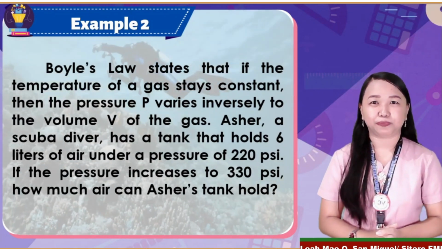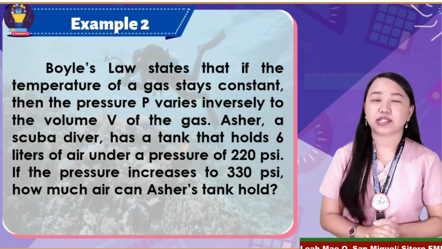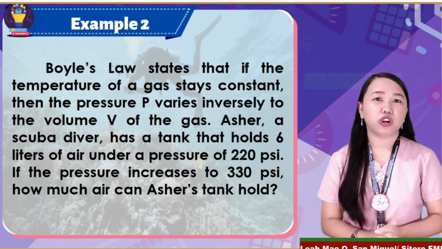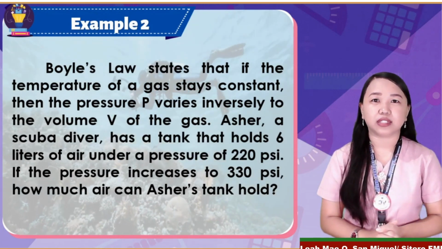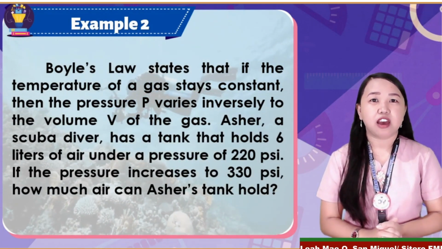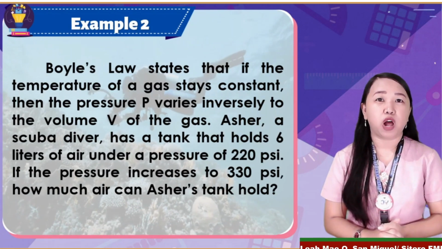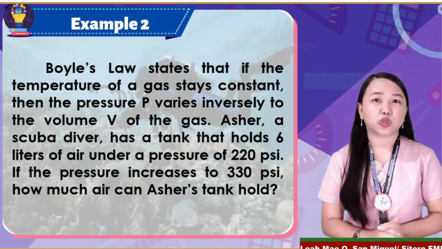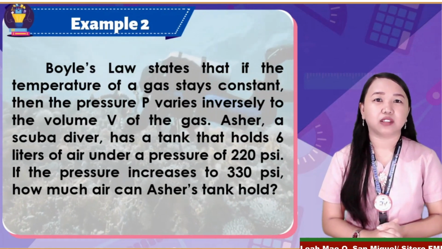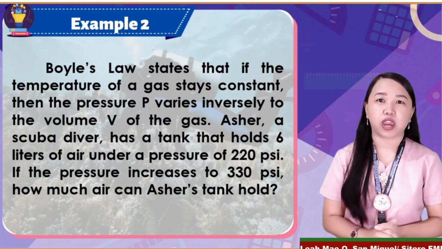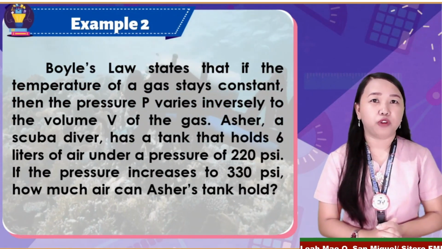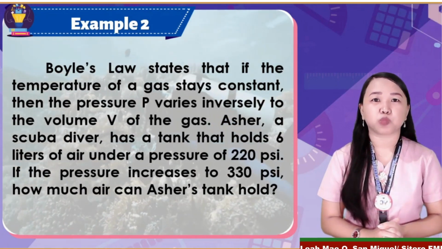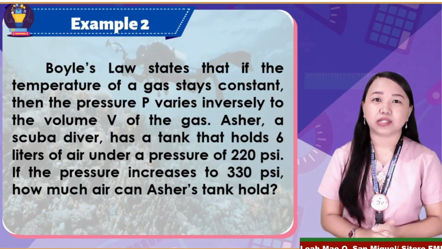Last problem. Boyle's law states that if the temperature of a gas stays constant, then the pressure P varies inversely to the volume V of the gas. Asher, a scuba diver, has a tank that holds 6 liters of air under a pressure of 220 pounds per square inch or PSI.